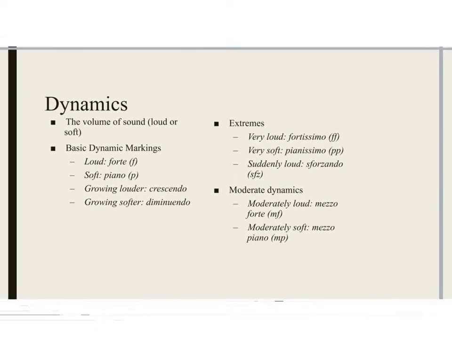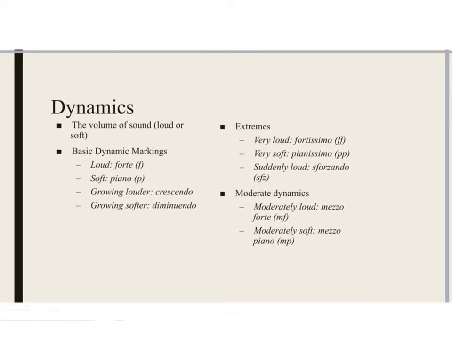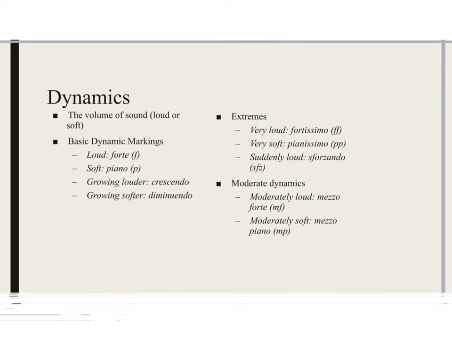So we use Italian terms again to discuss dynamics. Dynamics is the volume of sound, loud or soft. Our basic dynamics are right here. Forte, use the proper Italian pronunciation with that rolled R. Forte and piano.